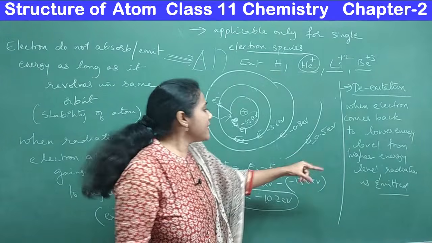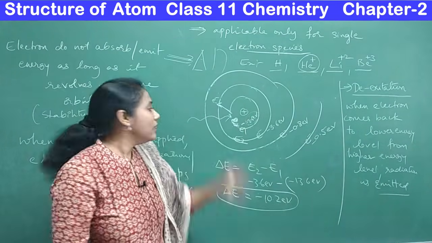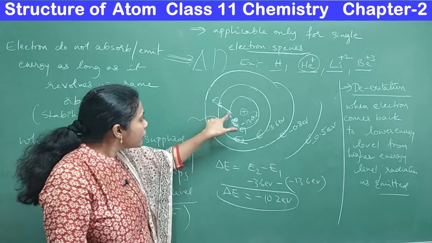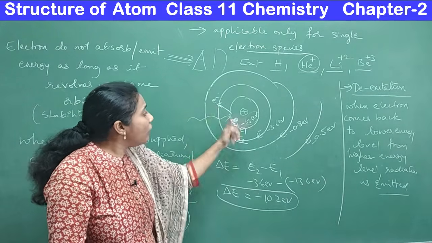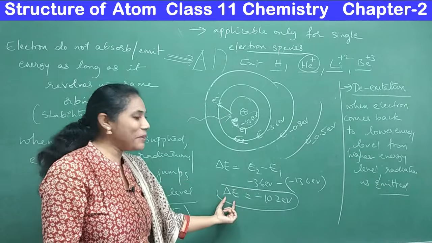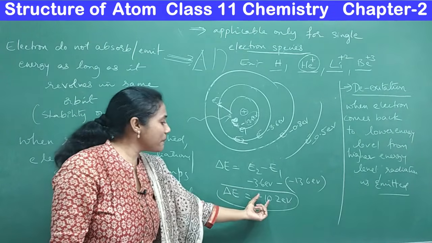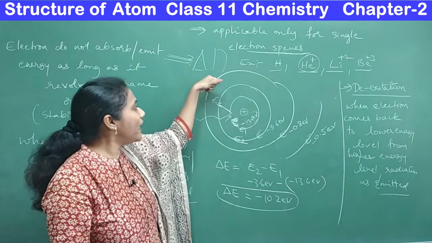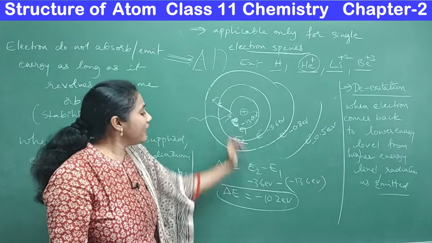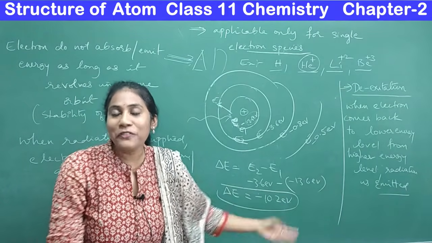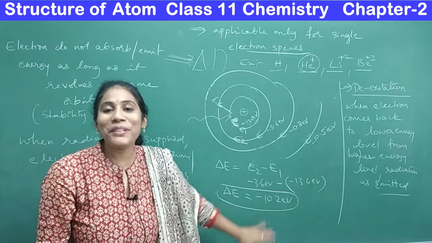Can you guess how much radiation it will emit while coming back from a higher energy level to a lower energy level? Same amount. Yes or no? With this much amount of energy, it jumped to a higher level. While coming back, it should give out this much amount of energy only. That is more important.